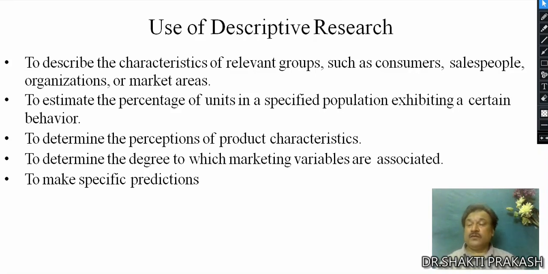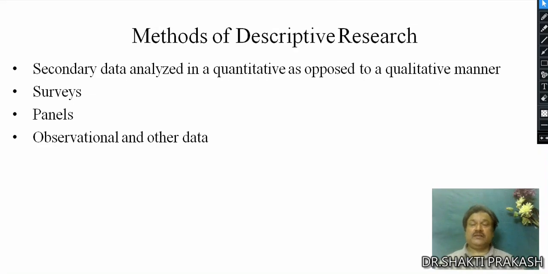To determine the perceptions of product characteristics, to determine the degree to which marketing variables are associated, and to make specific predictions on the basis of these things. So these are the applications of descriptive research.